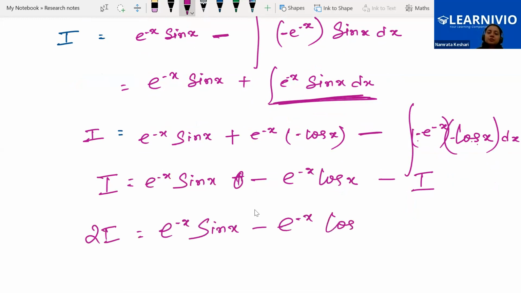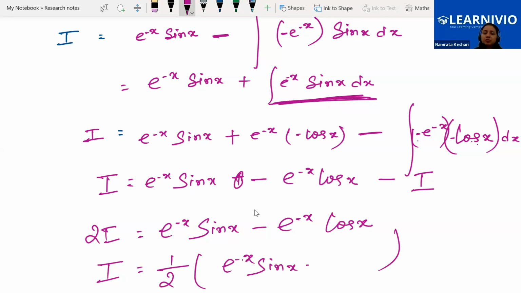Any confusion, Murtaza? No, ma'am. e to the power minus x also became 2. And this I we can substitute over there.